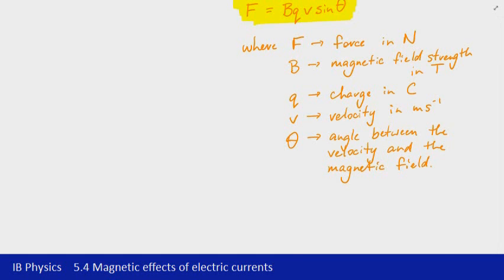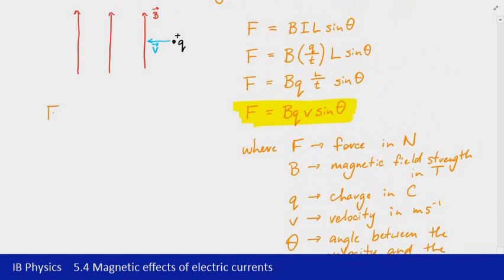If we consider the direction for that force, we need to be aware of the charge that we're dealing with. So we can identify that if it's the same charge as conventional current, so in other words, if we're looking at positive charges, that means that we're still going to see that same direction of the force.